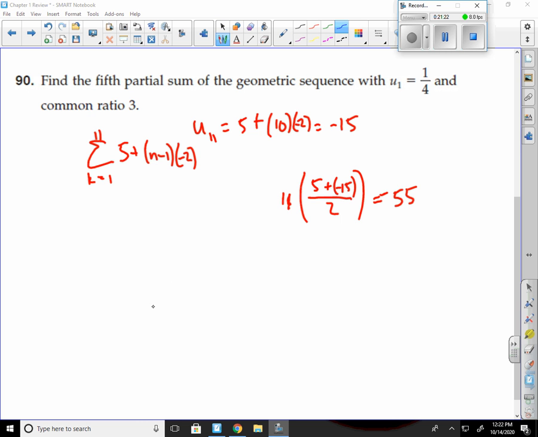So that's going to be u sub 1 times 1 minus r to the k over 1 minus r. And plug that in. U sub 1 is 1/4. 1 minus r to the k. That's 1 minus 3 to the 5th power over 1 minus 3.